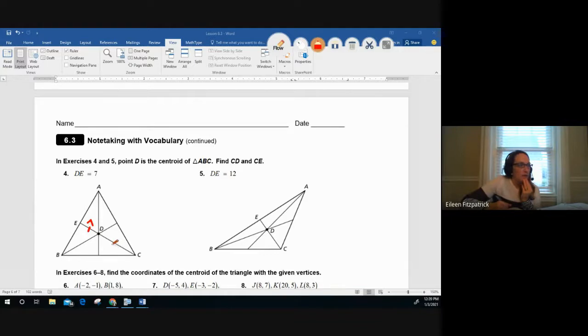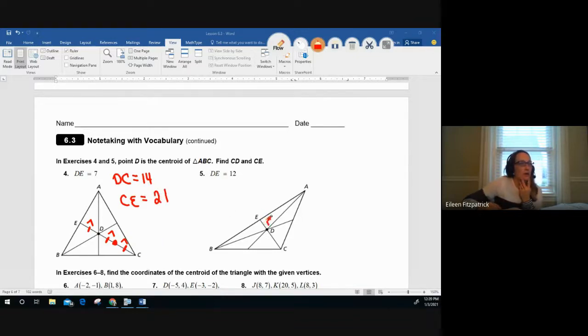I'm going to take DC and break it into 1/3 and 1/3 as well. So again, it's 1/3, 1/3, 1/3, right? 3/3 makes up the whole thing. So it's 7 and 7 as well. So I know that DE was given as 7, and now I know that DC is 14, and the whole thing, CE, 14 and 7 gives you your 21.